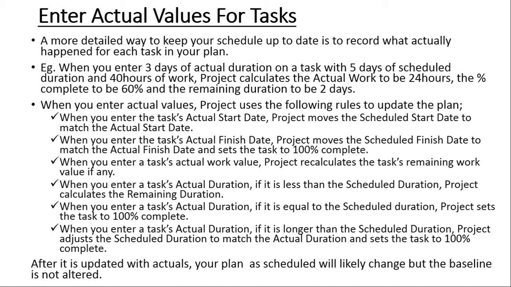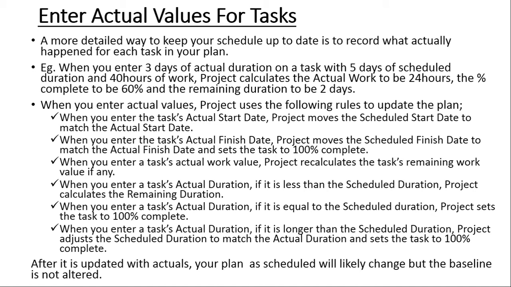actual start date. In the same way, when you enter the task's actual finish date, MS Project will now move the scheduled finish date to match the actual finish date, and then it will set the completion percentage to 100%.